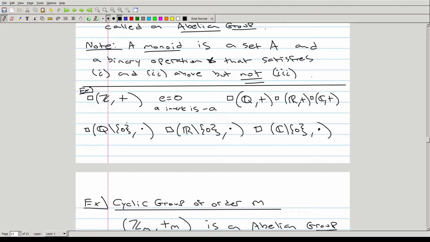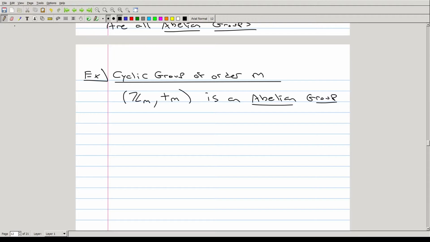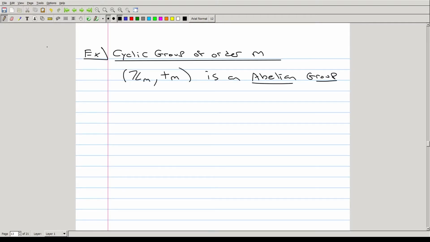By the way, each one of these are also abelian groups. This comes from the commutativity that is inherent in modular arithmetic, as well as the commutativity that is inherent in all of the previous sets.